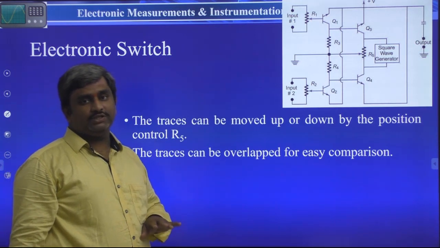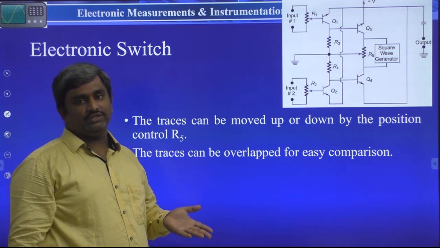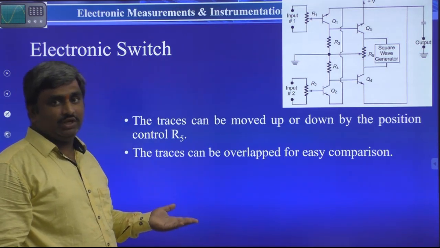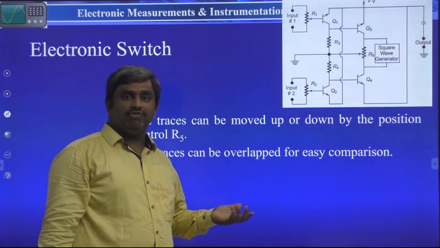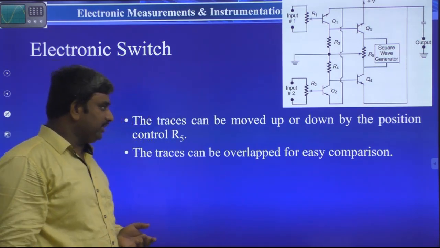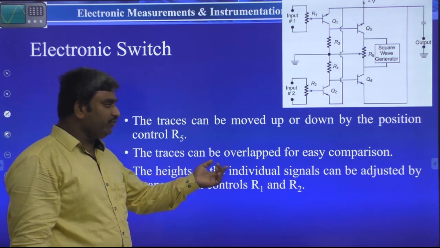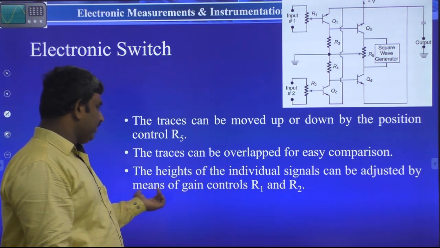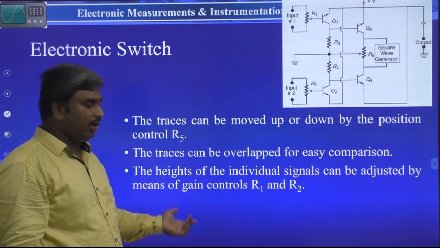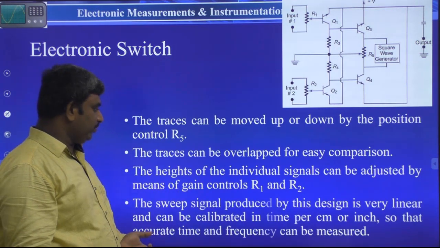Here the two input signals may have two different frequencies. Channel A has a separate signal frequency, channel 2 has a separate signal frequency. The heights of the individual signals can be adjusted by the gain controls R1 and R2. That is nothing but the amplitudes we can adjust.